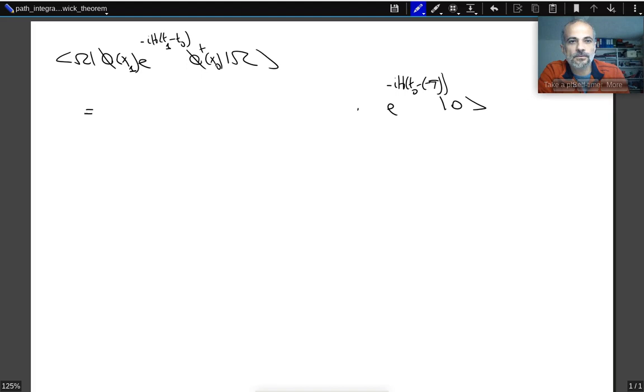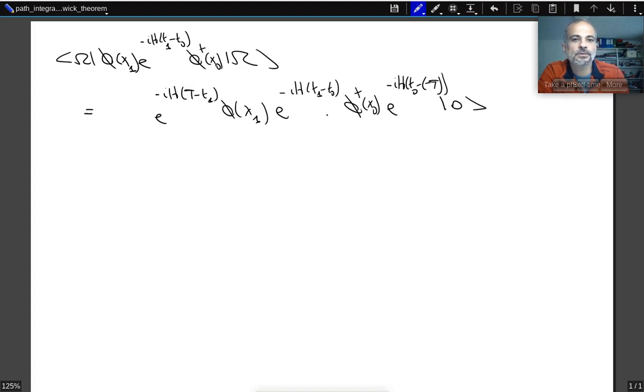Then we have our phi dagger x0, e to the power minus iH (T1 minus T0), and phi of x1; we evolve the system to time T1, then we check if there is a particle at the point x1, and here we have e to the power minus iH (T minus T1).